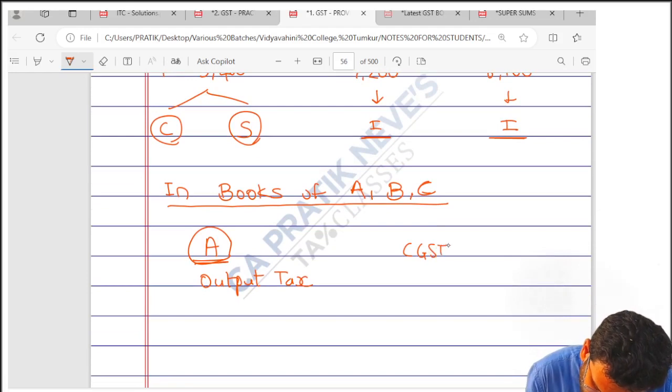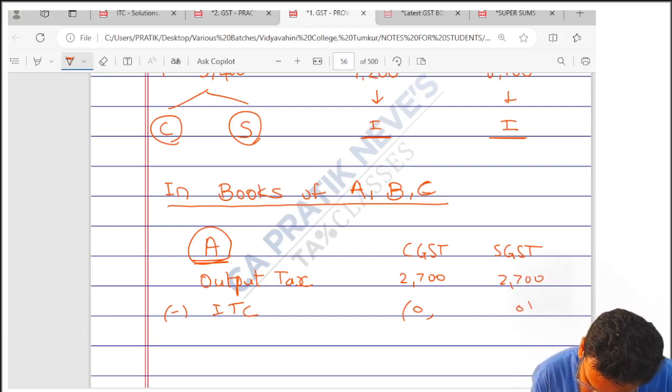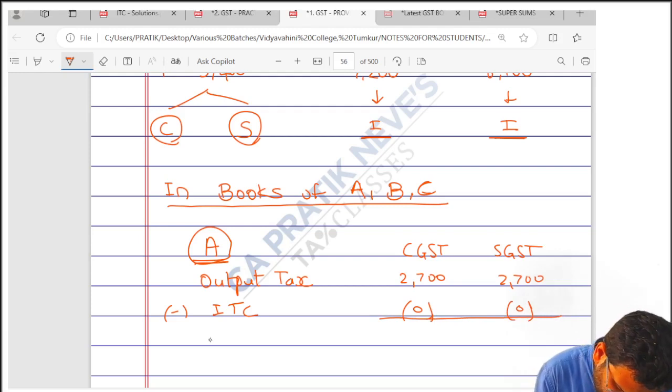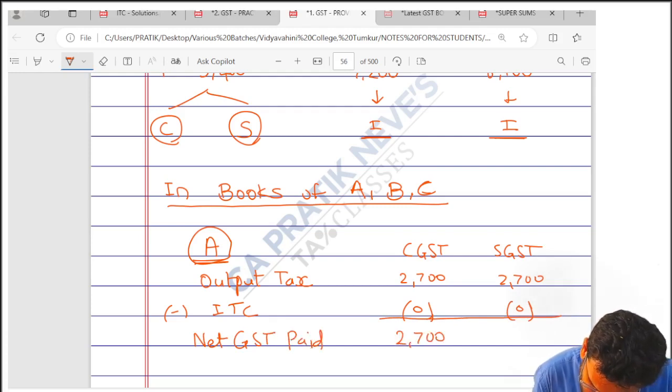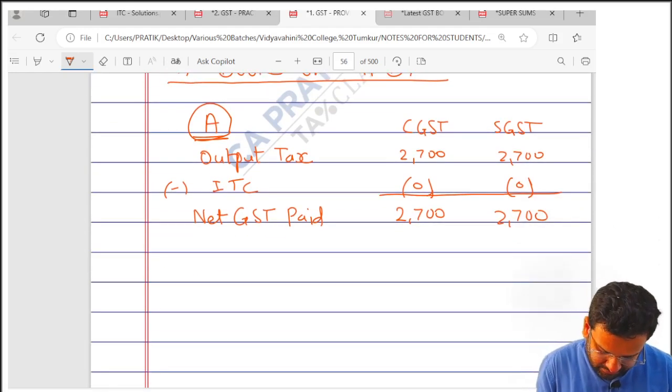But breakup of CGST, SGST, 2,700 each. But A did not have any ITC. So ITC for him is 0. So how much he paid net in cash? Net payable in cash. Net GST paid is 2,700. Agreed?